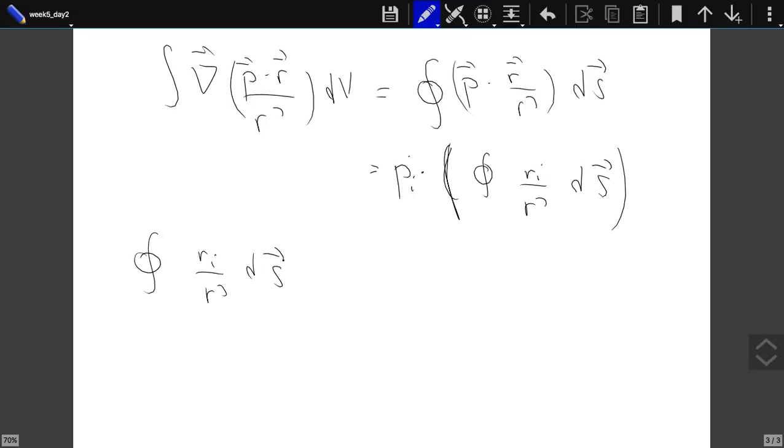Well, to evaluate it, let's make a simplification. Let's assume that I'm integrating over a sphere with center at the origin.